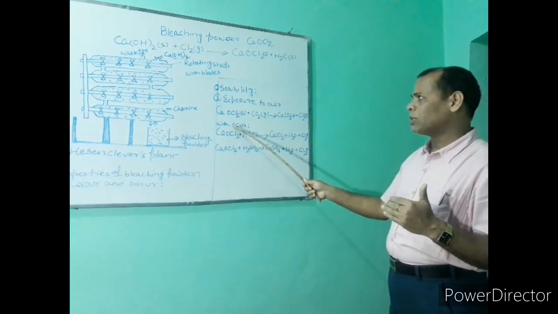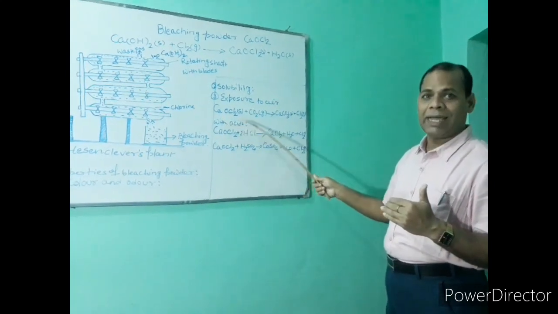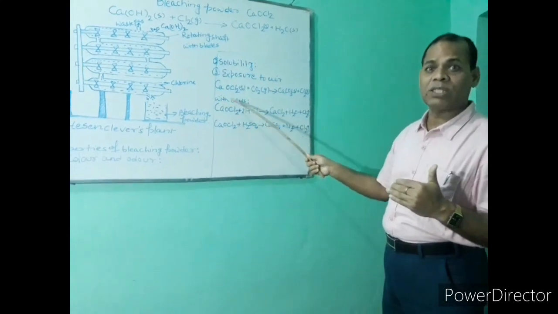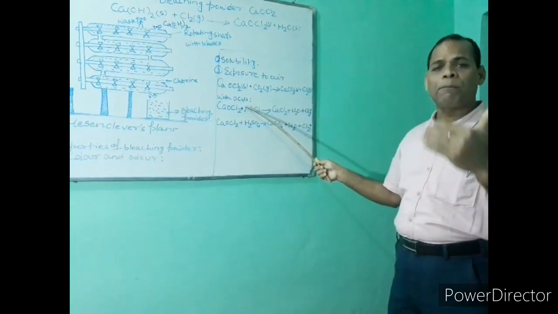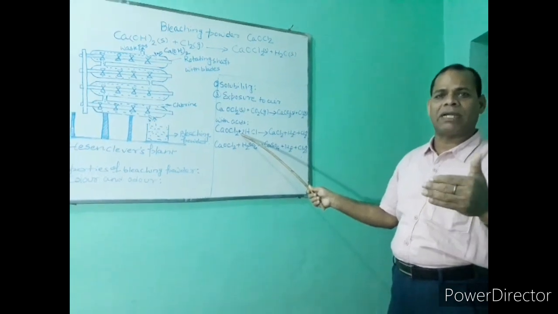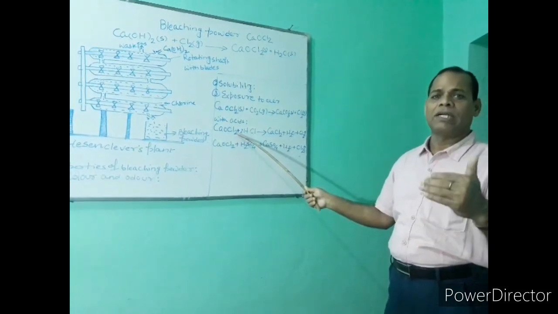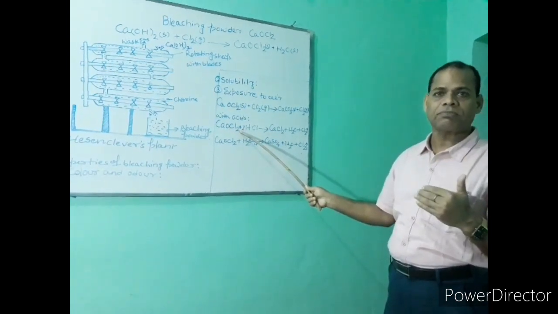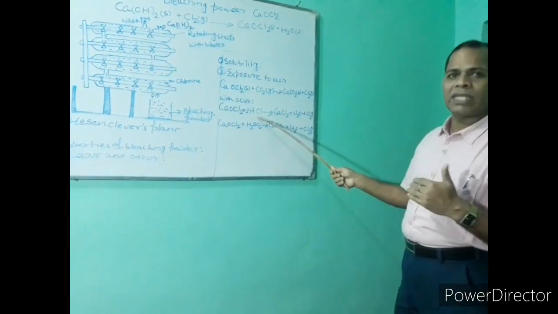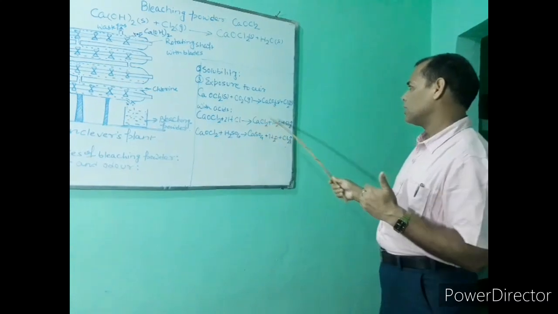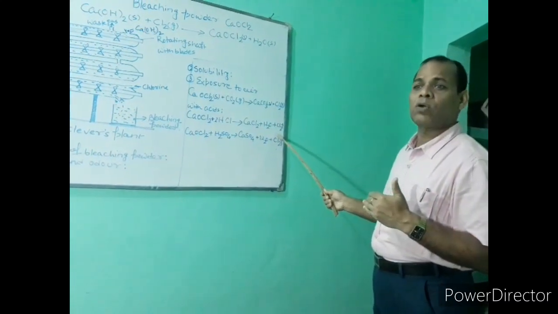Now, the next property is action with acids. Bleaching powder is decomposed by acid, either dilute H2SO4 or dilute HCl. When excess acid is added to bleaching powder, it releases chlorine.